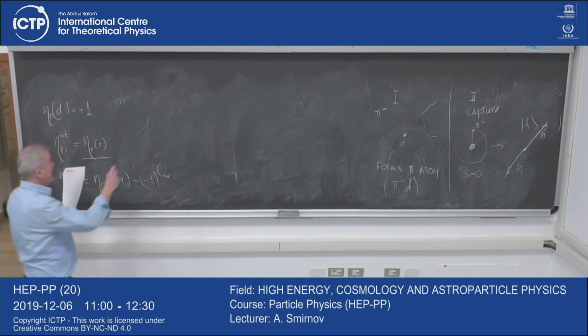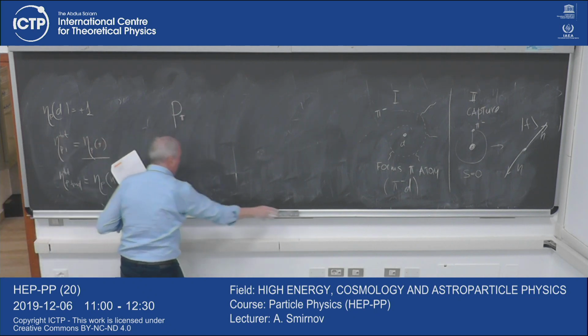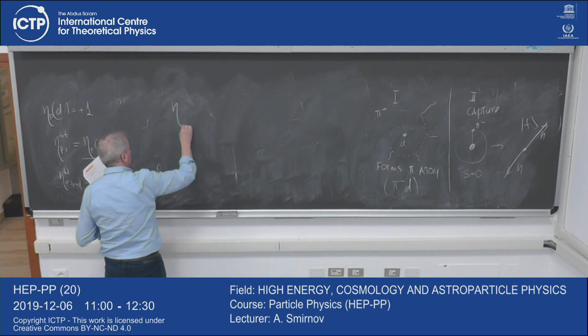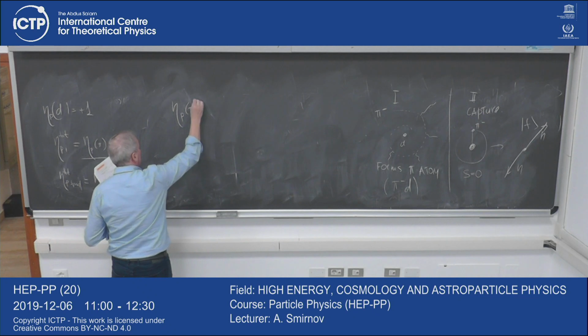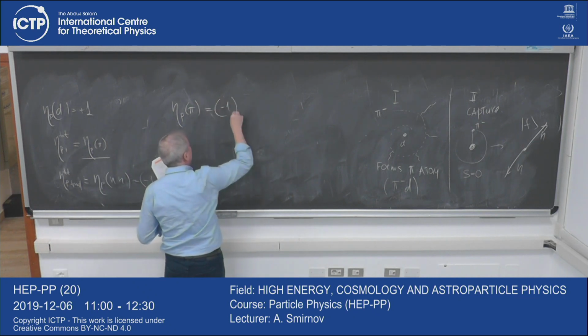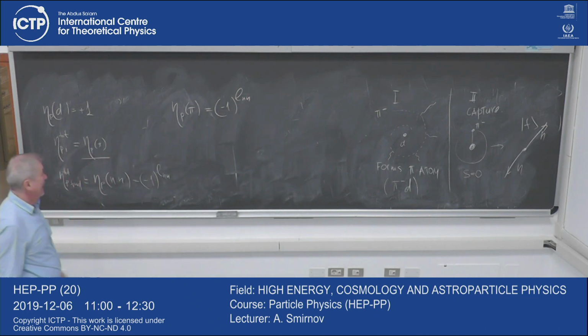Therefore, the parity of pi equals -1 and orbital motion of 2 neutrons.